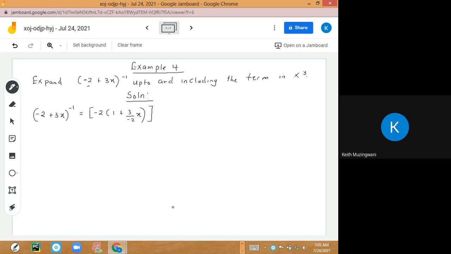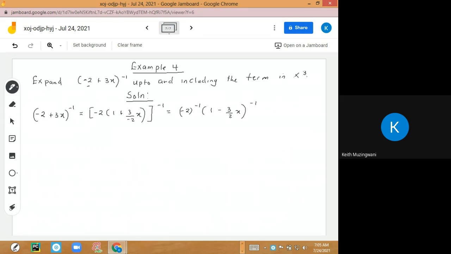This is all to the power negative 1. So if we give the power to negative 2, we'll have negative 2 to the power negative 1, and then we'll also remain with 1 minus 3 over 2x to the power negative 1.